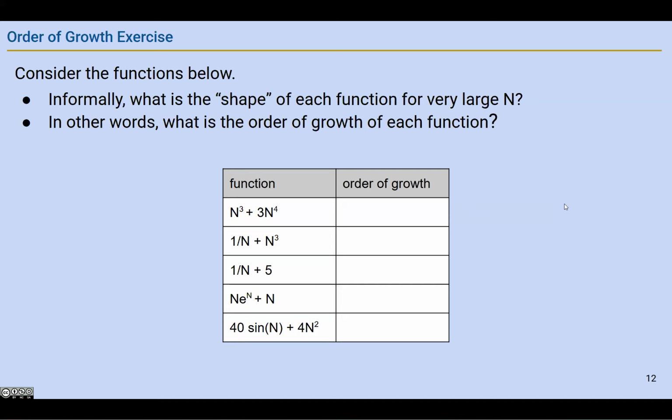All right, I'm hearing some 1 over n's, some 1s, and some 5s. Some people are saying 1. All right, which one grows faster, 1 over n or 5? How many people say 1 over n grows faster? How many people say 5 grows faster? Why would you say 5 grows faster?